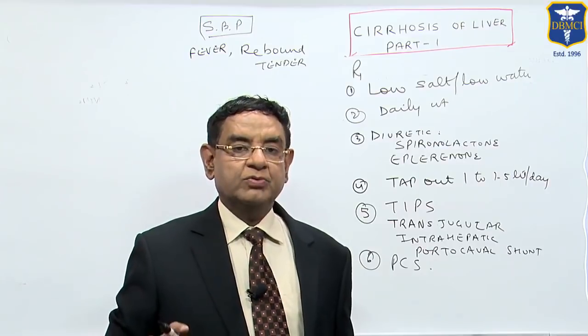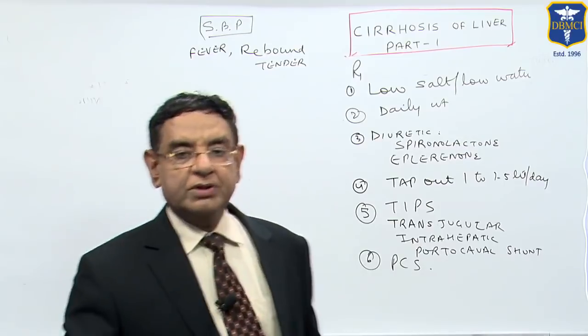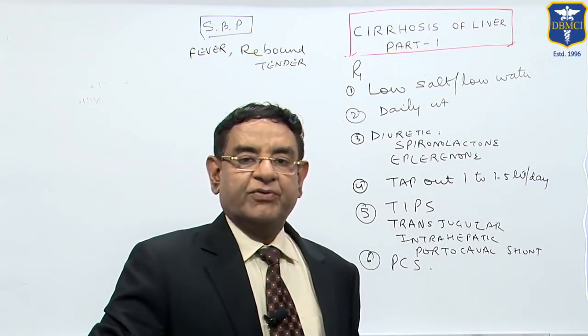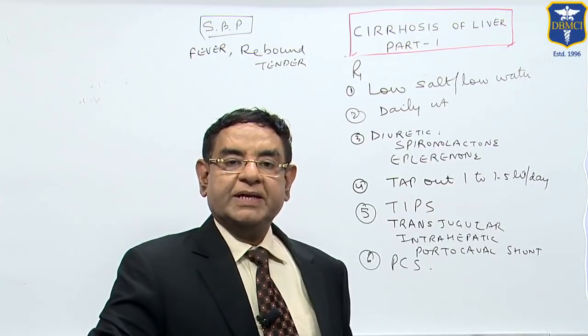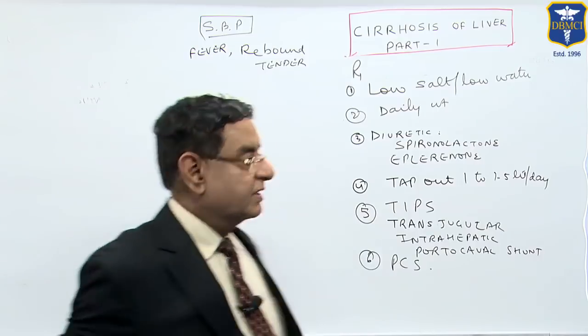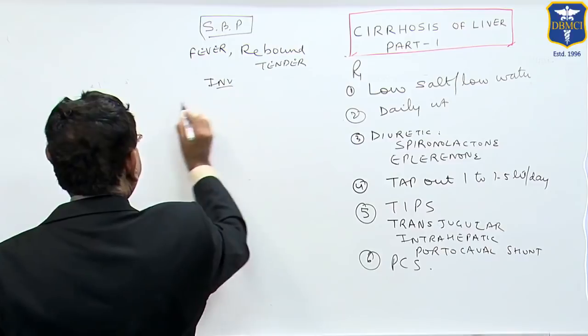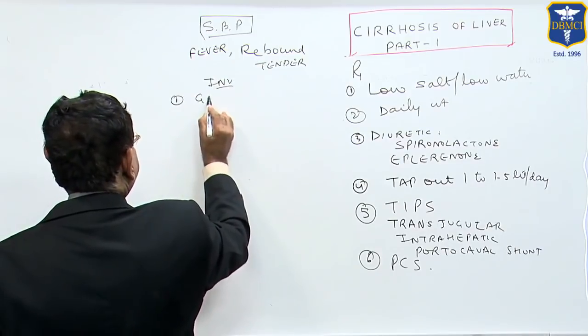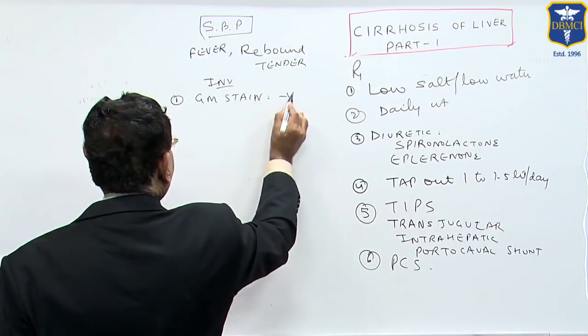Now, how to do the diagnosis? Beyond doubt, ascitic fluid culture is the most confirmatory, but it becomes positive only in few cases. To be more precise, gram stain of the ascitic fluid is always negative.